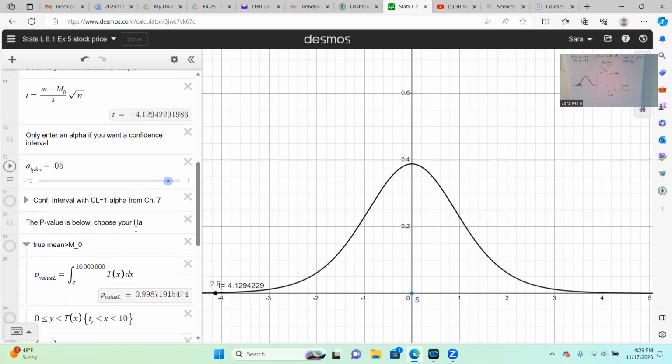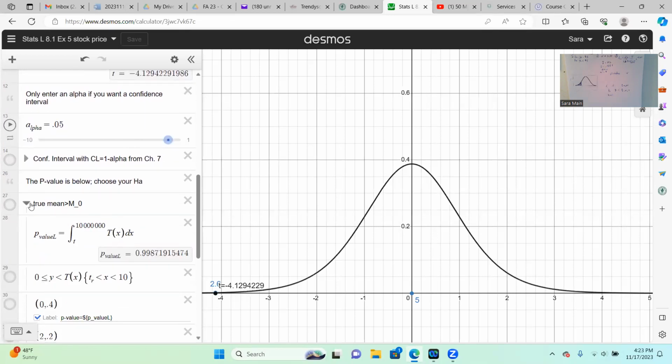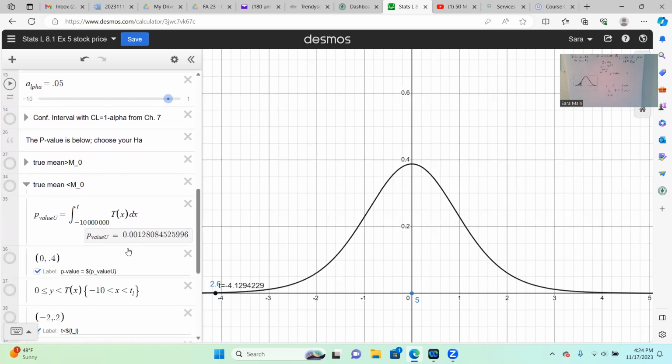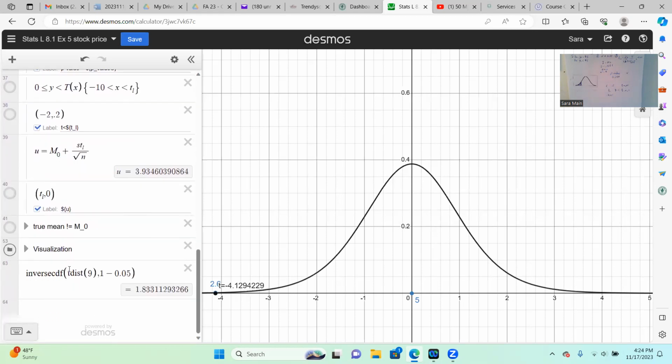Because it's left-tailed, it's going to be on the left-hand side, negative. This time we're going to close that drop down, and we're looking at the less than drop down. And our p-value is 0.0013 when rounded appropriately.